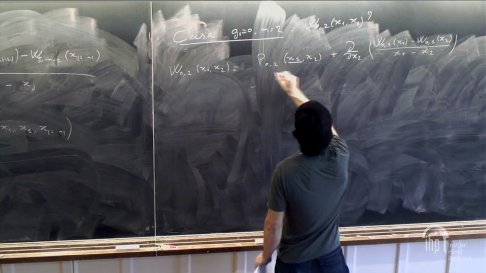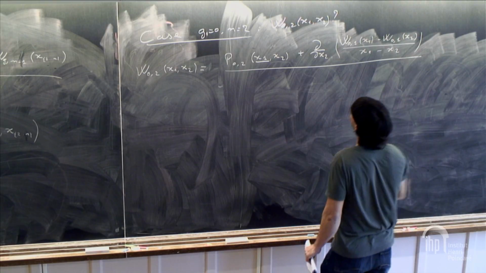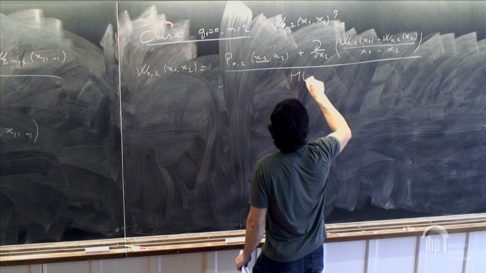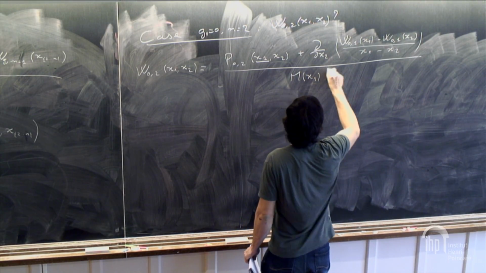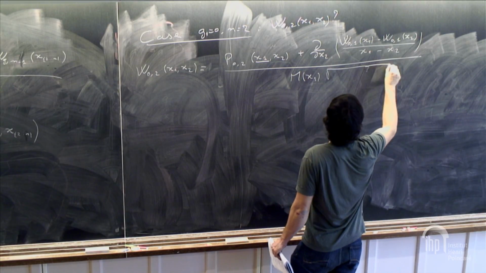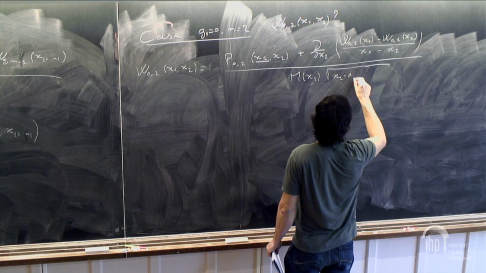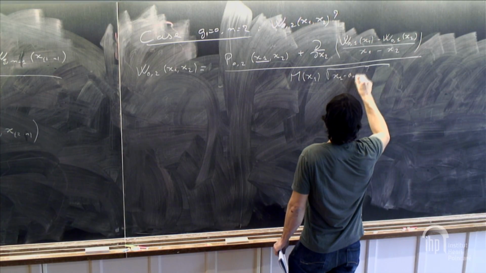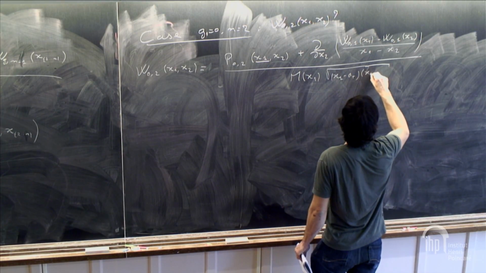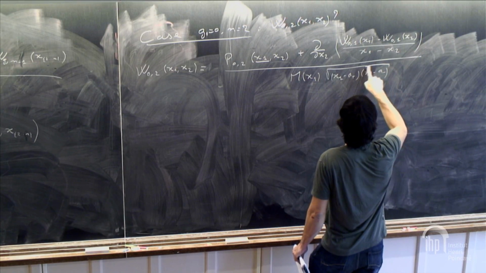That's it. And now what do I have here? I'm using the notation of the previous week: M of x1 times the square root of x1 minus a plus times x1 minus a minus.